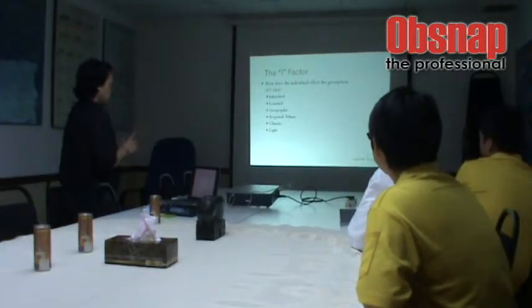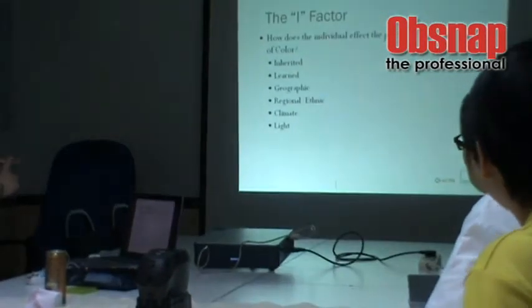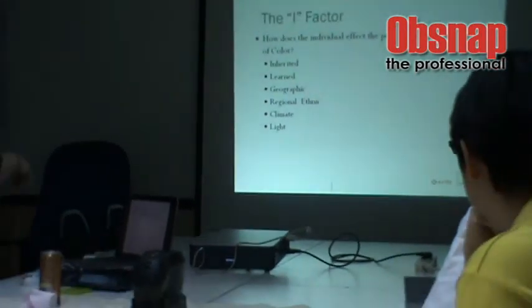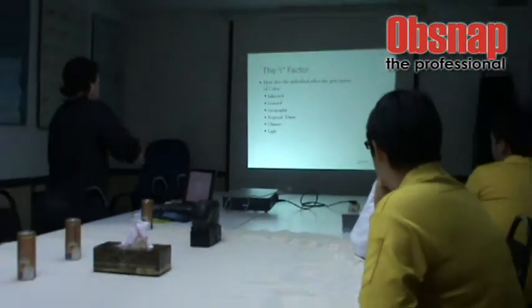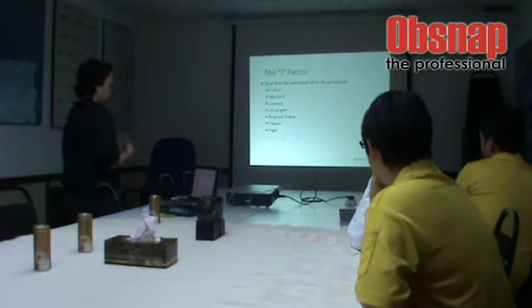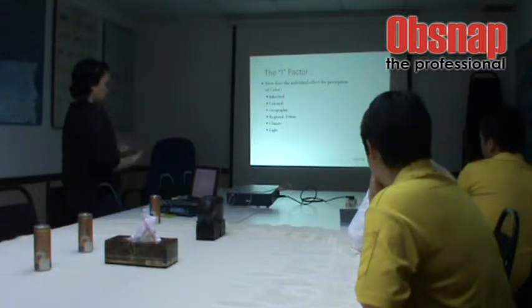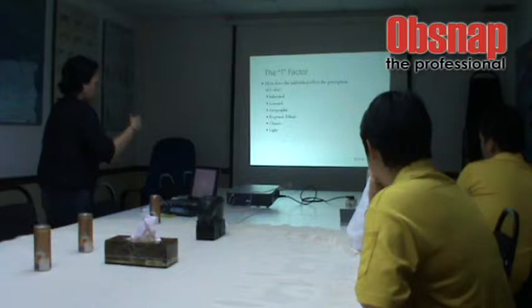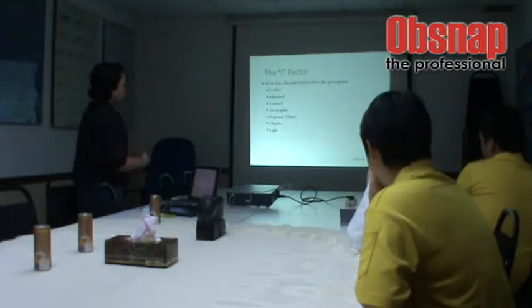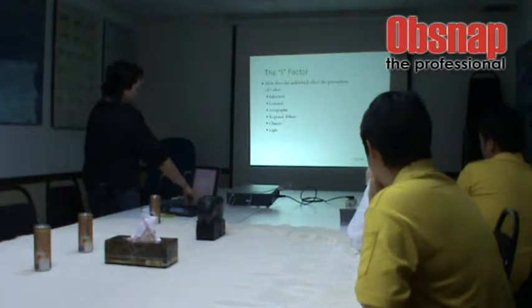It's also geographic, depending on which country. People in the US or people in Asia have a different way of looking at the color. In fact, the most sensitive people in terms of color are from Asia. They really see a lot. They see something that sometimes our counterparts in the US might find too tight for them. And then the climate, and of course the light.